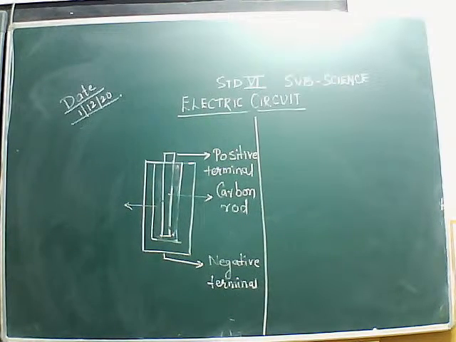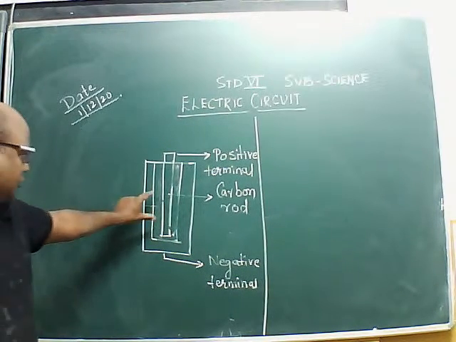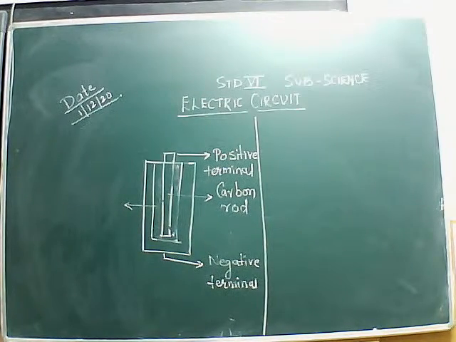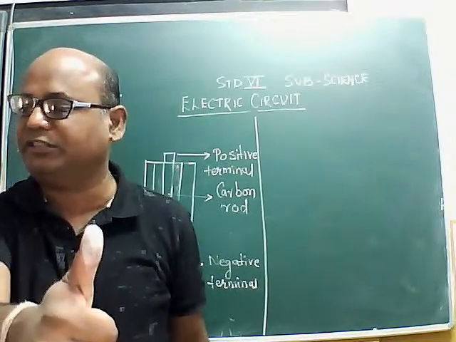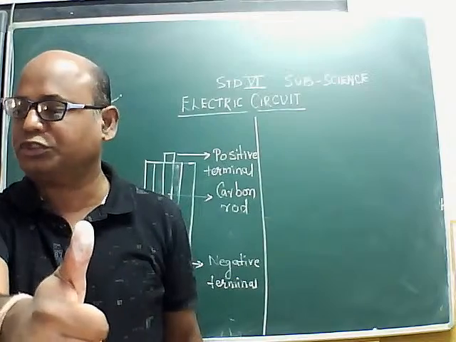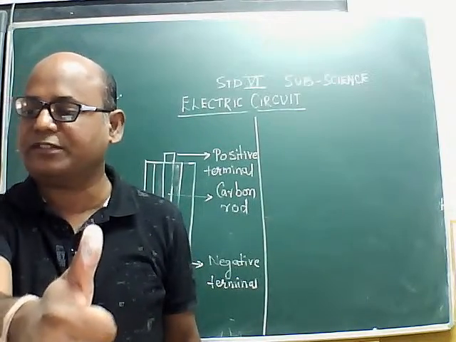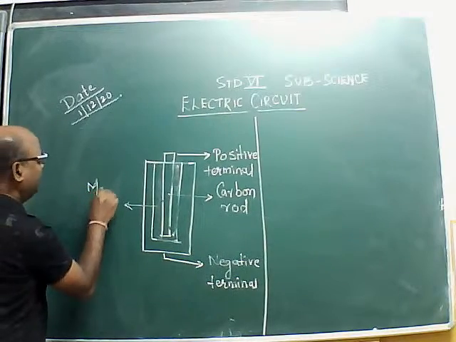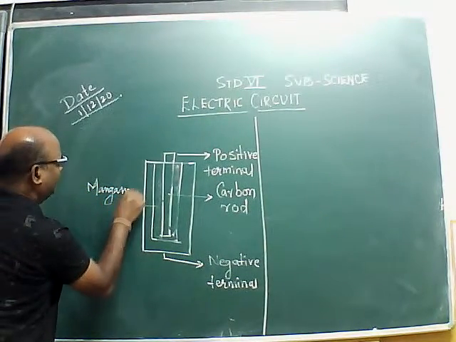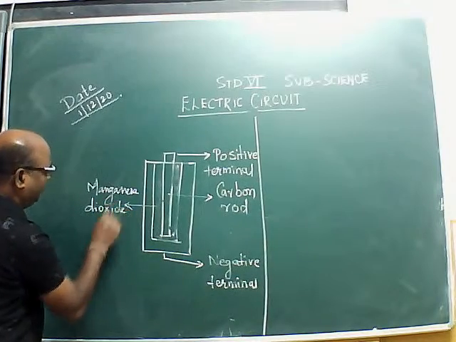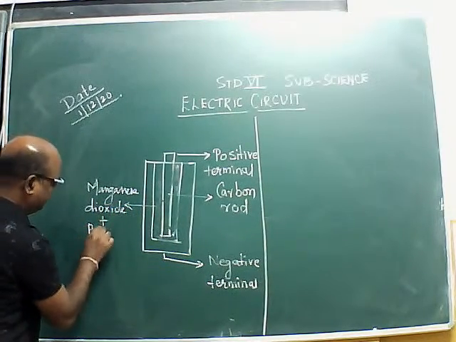What is that? Yesterday I told you. Yes, Chaitanya Vyas gave a very correct answer. That is manganese dioxide and powdered carbon. Santosh gave the correct answer. Manganese dioxide plus powdered carbon.